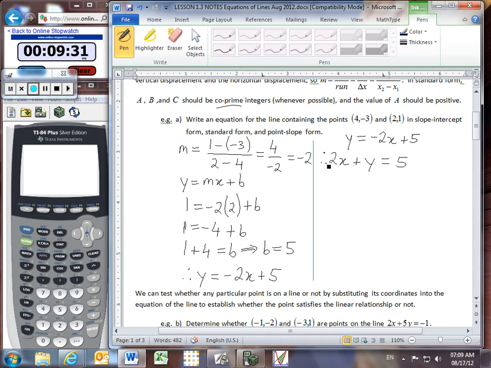Lastly, point-slope form. We require the slope, which we already have, of negative 2, and we require a point. I've got a choice of points here, and so as I write into my form y minus y1 equals m times x minus x1, I substitute in my slope, and I could substitute in the second point with an x-coordinate of 2 and a y-coordinate of 1.